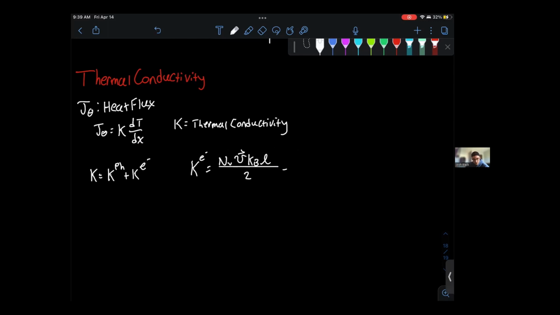This is also equal to 1/3, this is the more common term, 1/3 of our specific heat capacity from electrons times our mean free path of electrons times our velocity of electrons.